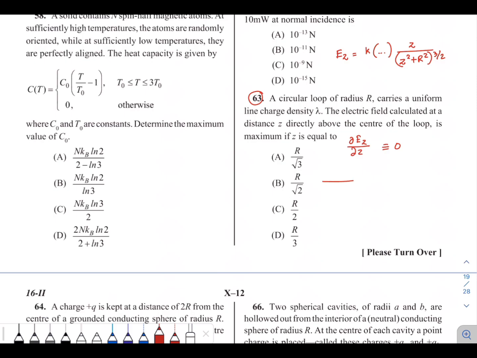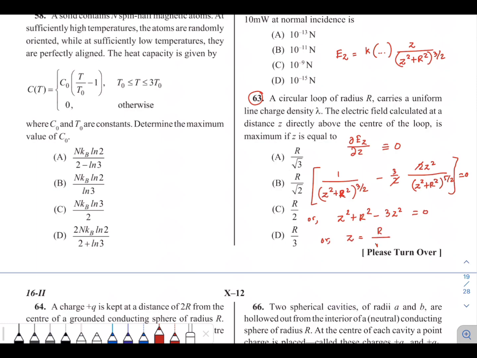Using the chain rule, this is (z squared plus r squared) to the power 3 by 2 minus 3 by 2 z squared times (z squared plus r squared) to the power 1 by 2 times 2z is equal to 0, or z squared plus r squared minus 3z squared is equal to 0, or z is equal to r by square root of 2. So option B is the correct answer.